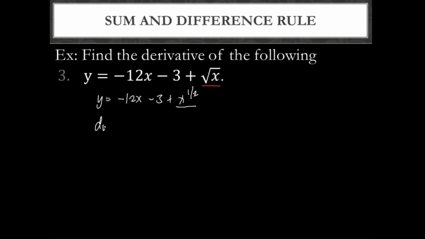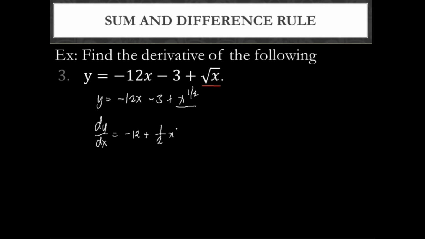So, ito ay dy over dx ay equal. Ang derivative ng first term ay negative 12 lang. Identity function rule. Derivative ng negative 3, 0. No need to write 0. And then this time, gamitin natin yung power rule. Get the exponent, copy the base, and then subtract 1 sa ating exponent.